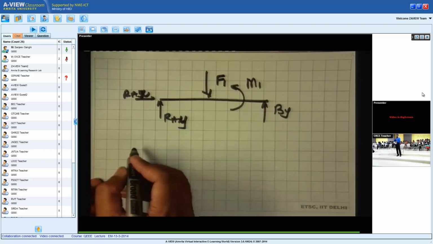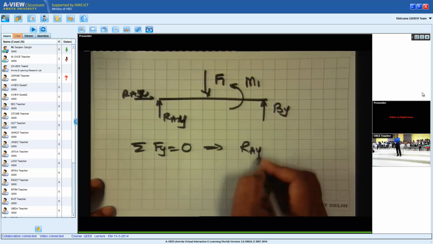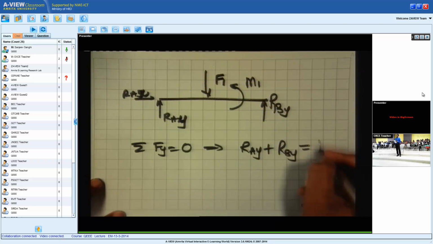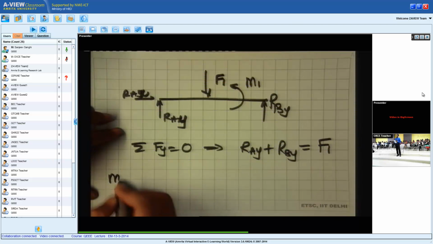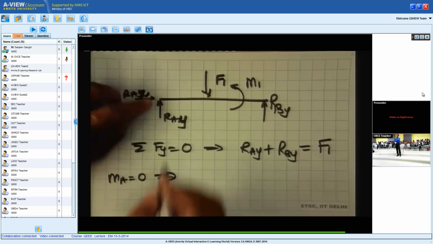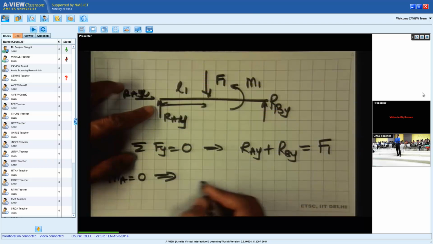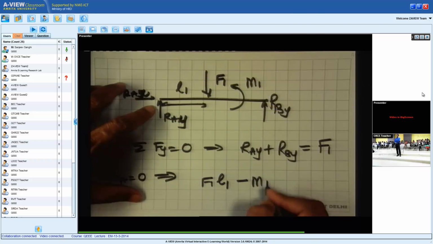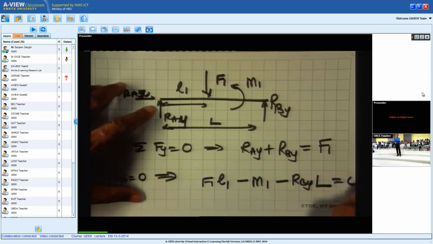Now when I do sigma Fy equal to 0, what I will get is RAY plus, let's call it RBY only, RBY is equal to F1. Now when I take moments about A equal to 0, this will give me F1 multiplied by L1 minus M1 minus RBY times L is equal to 0.